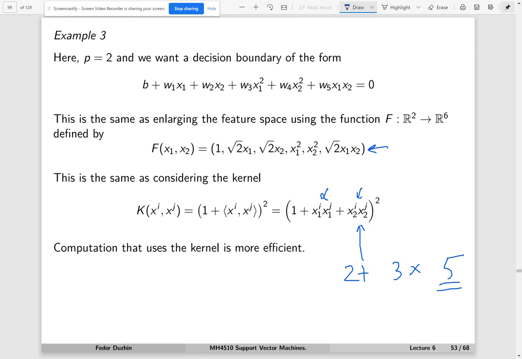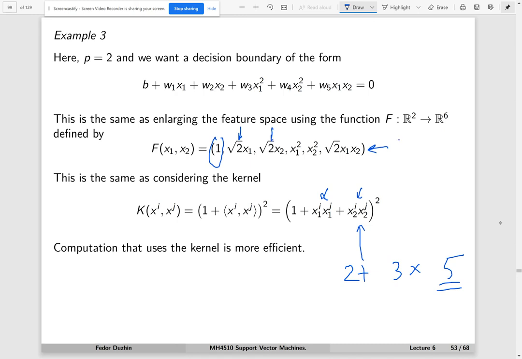While if I compute the inner product in R6, the first entry is always 1, but I still need to compute 5 pairwise products: this entry times the same entry in the second vector, and so on.